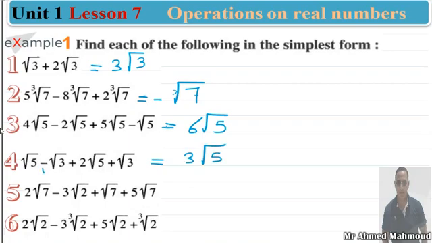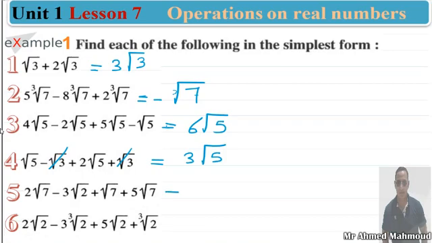And here we have negative root 3 and positive root 3. They are like: negative 1 plus 1 equals 0. Then I'm going to cancel them like this. I don't need to write 0 here. I'm going to leave 3 root 5 without change.